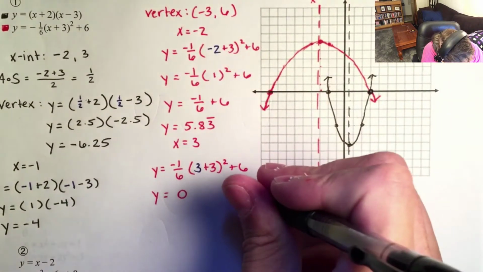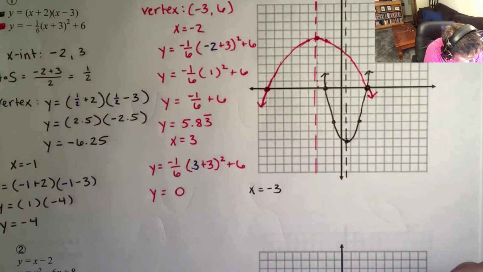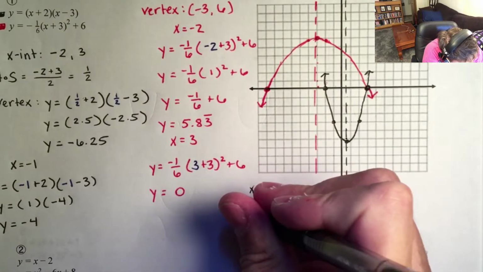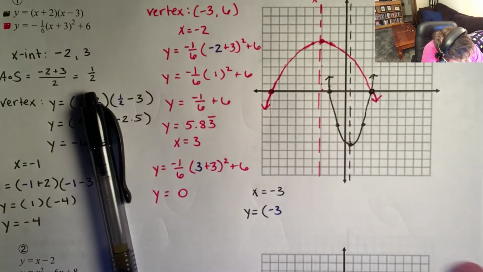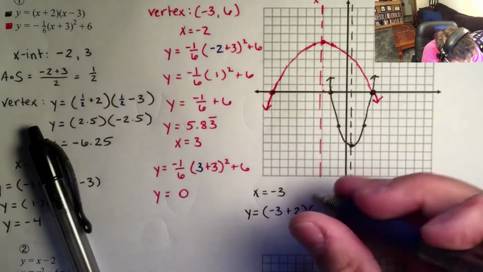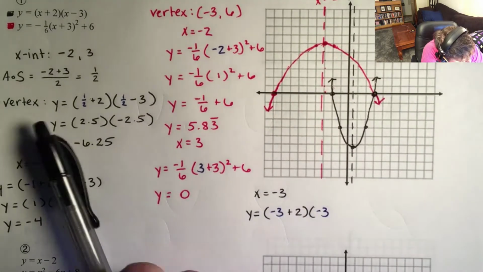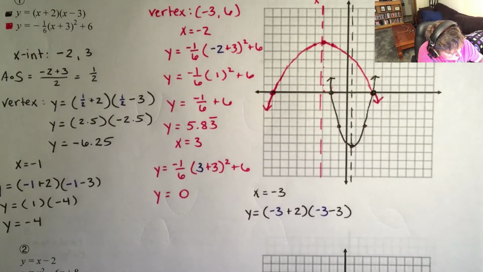So here for the black line, I'm going to pick x is negative 3. And I'm going to go ahead and check that out. So that means y is equal to negative 3 plus 2 times negative 3 minus 3. Okay, let's go ahead and just throw that in the calculator.